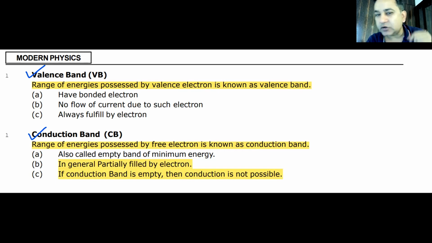And in which band are the electrons free? Tell me the answer. In which band are the electrons free? They are free only in the conduction band. Do we understand this? Yes, sir. Any doubts on this?